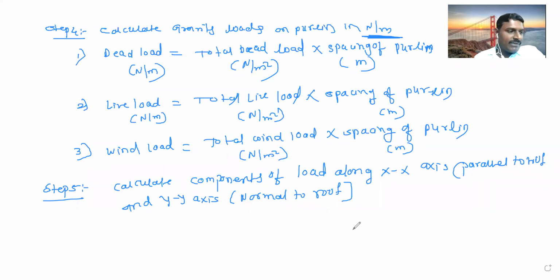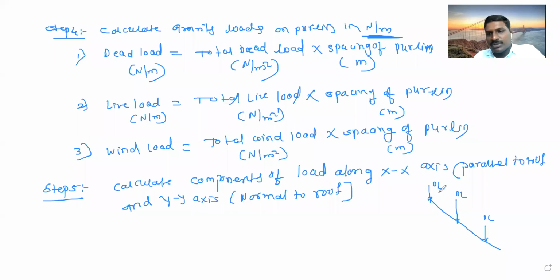So how x axis and y axis, that I will show you now. See, this is the inclined principal rafter. The load will act like this, gravity loads. So this is the dead load, exactly vertical.